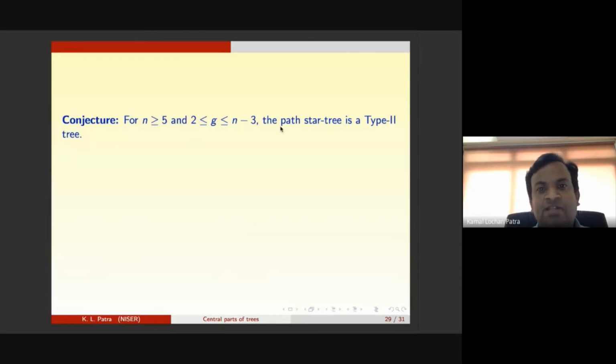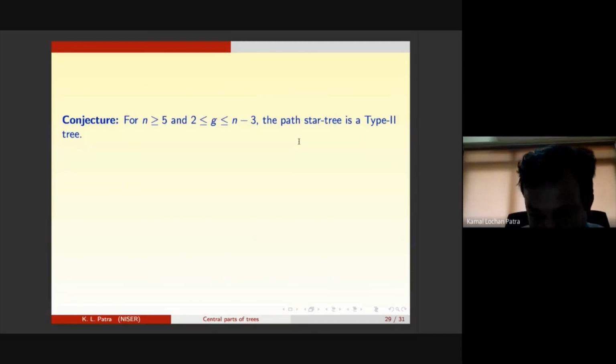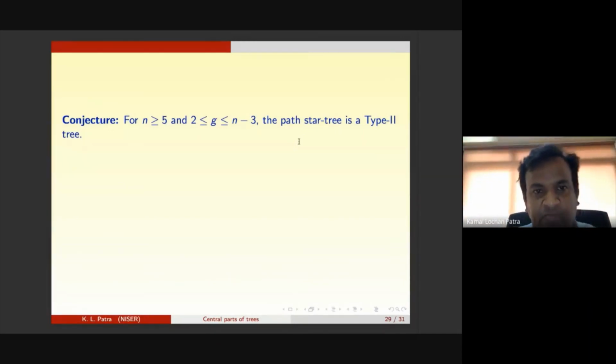That means any path star tree is a type 2 tree. This is what we have proposed in one of our submitted papers with my student. The question now is whether this idea can help in finding exactly where the characteristic edge lies in the path star tree, and then what can be said about the maximum distance between these. So what more can be done related to this?